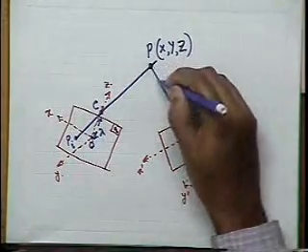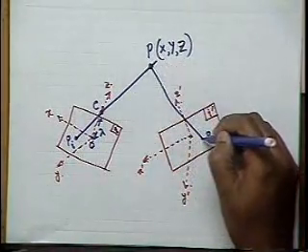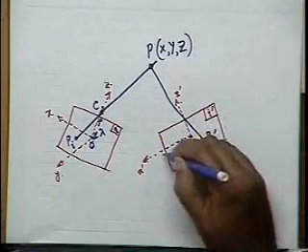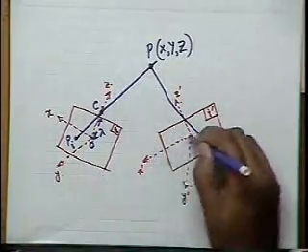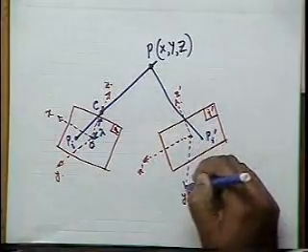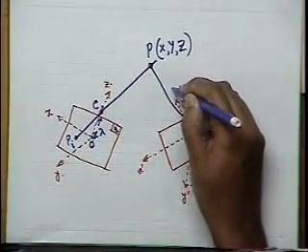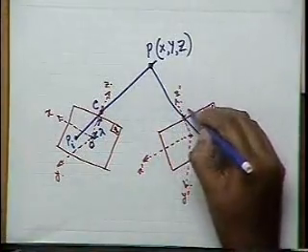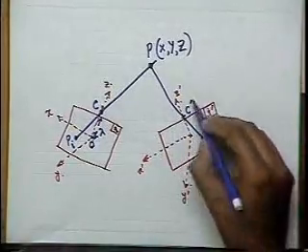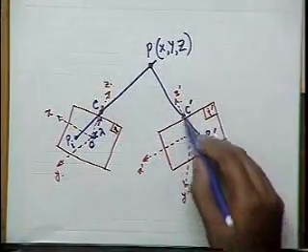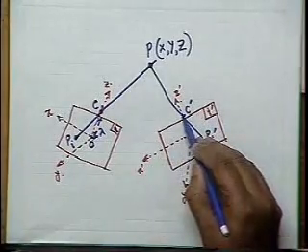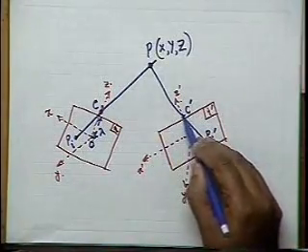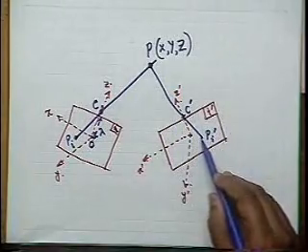Again, I have considered a second camera, and the coordinate system for that second camera is assumed to be X prime, Y prime and Z prime, and I have considered a point C prime along the Z prime axis, such that C prime is the focal point for the second camera.